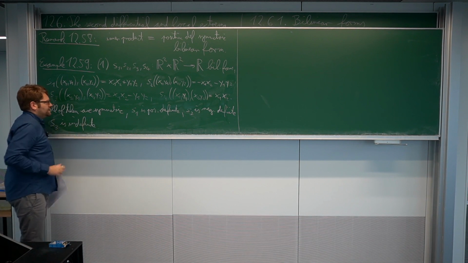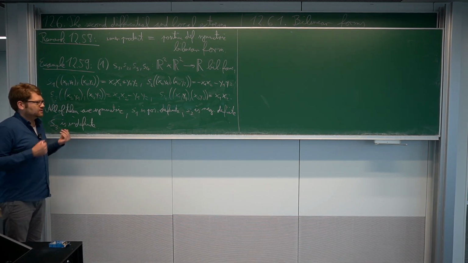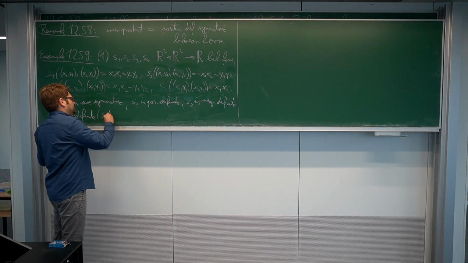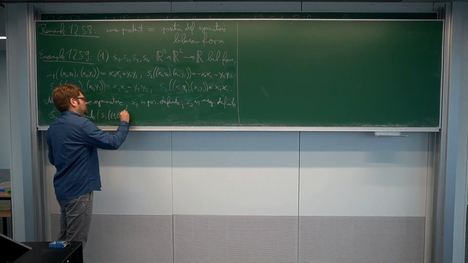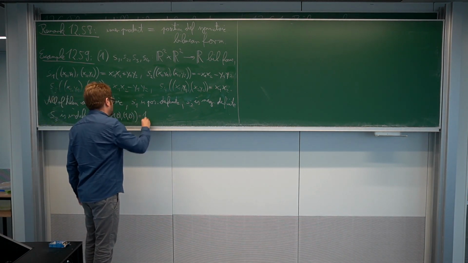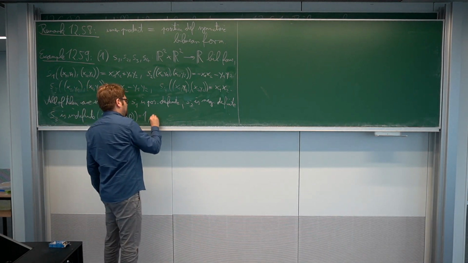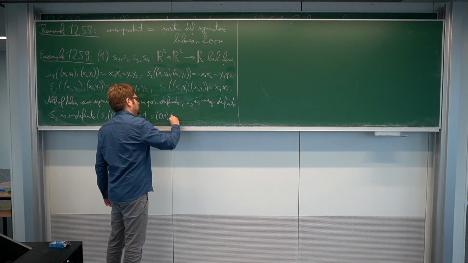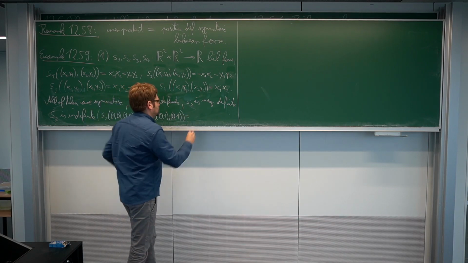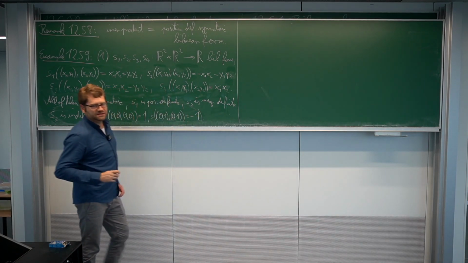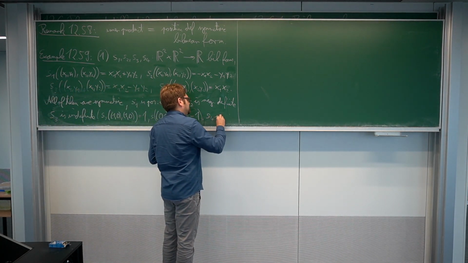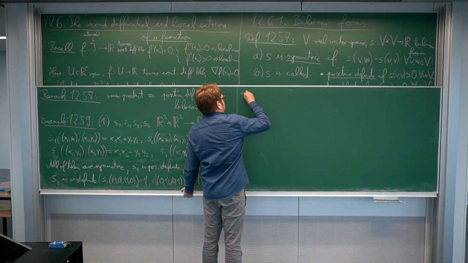And why is that? If we insert the same vector twice, we need to get something positive and something negative. And it's easy to see which ones we can use. If we take S3 of (1, 0) and (1, 0), we see that this is 1 times 1 minus 0, so this is 1. But if we take S3 of (0, 1) and (0, 1), this would be 0 minus 1 times 1, so this is minus 1, which means this is indefinite. And S4 is neither of the three.